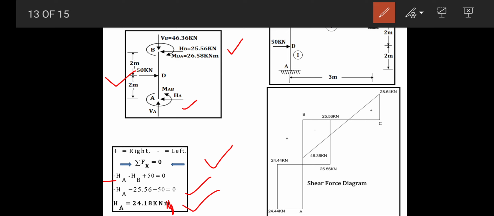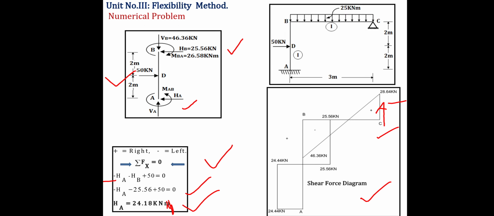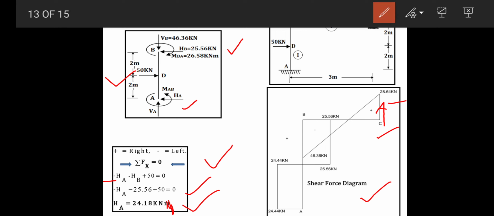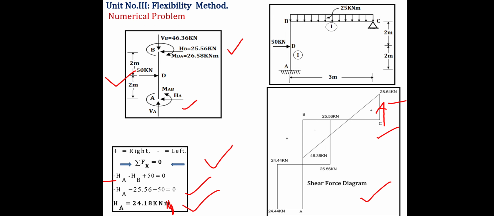Okay, so after knowing all reactions, let's draw the shear force diagram. Now at C, the reaction is upward, 28.64, so go in the upward direction. There is a UDL of 25 kilonewton per meter, so you have to take it as a point load, 25 into 3.